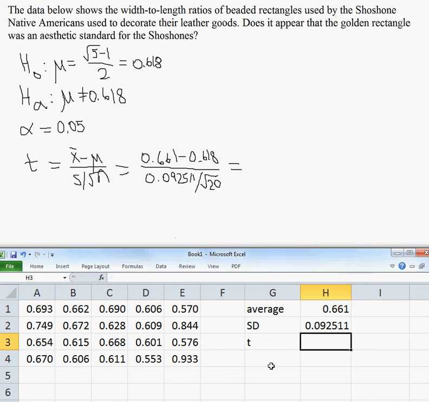So the value of t will be equal to 0.661 minus 0.618 divided by 0.092511 over the square root of 20. So that works out to be 2.054.